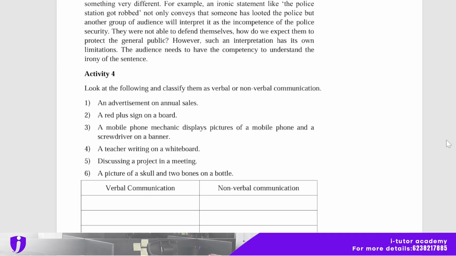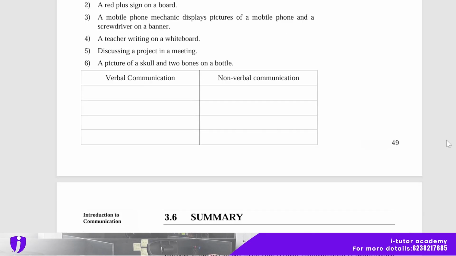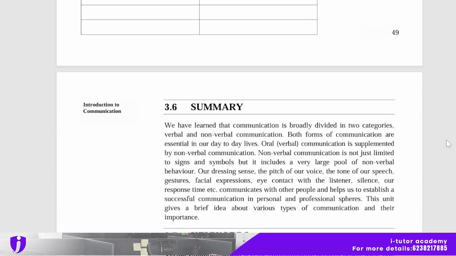And Activity 4 is here, and the summary of this chapter is here. We have learned that communication is broadly divided into two categories, verbal and non-verbal. Both forms of communication are essential in our day-to-day life. Oral communication is supplemented by non-verbal communication, and non-verbal communication is not just limited to signs and symbols, but it includes a very large pool of non-verbal behaviors.